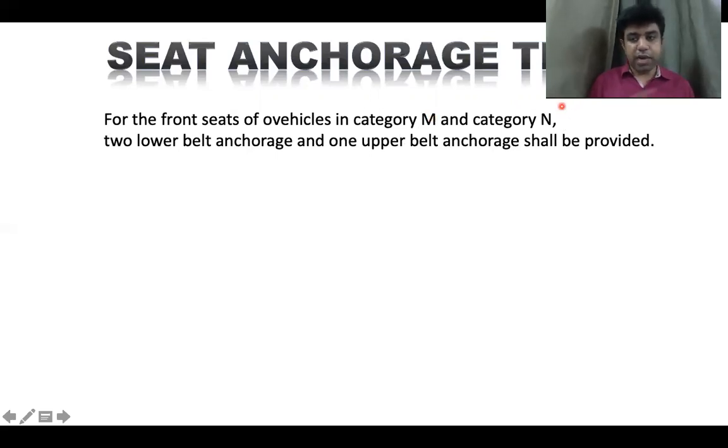See, for both category M and category N, we have this specification that we must have two lower belt anchorages present in the waist region and one upper belt anchorage which we mount above the shoulder part, right? This presence is required in the case of seat anchorage. We must have three anchorages of the seat belt in order to have proper grip.